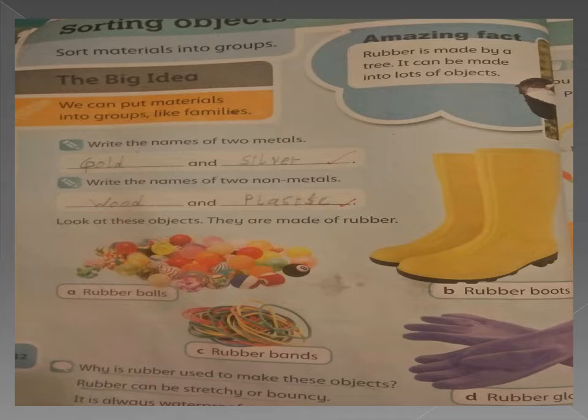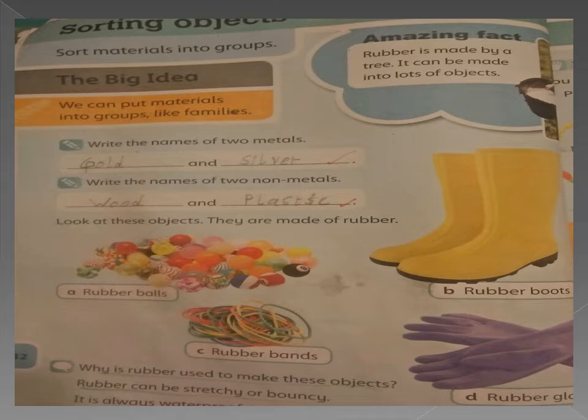Yes class, we put different materials into different groups according to their properties, as some materials are very hard, some are very soft, some are not that hard, not that soft. So there are different kinds of materials and we put them into groups according to their different properties.